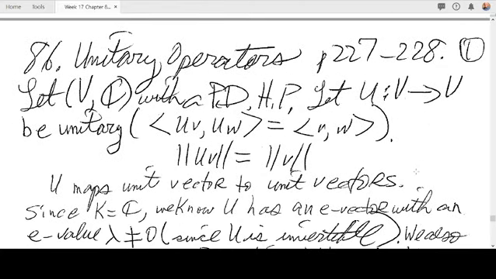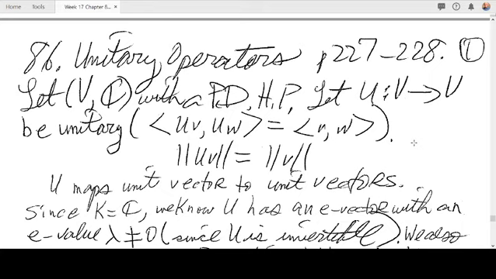In 8.6, we look at unitary operators one more time in the context of eigenvalues and eigenvectors. This is on page 227 and 228. Let V be a vector space over the complex numbers with a positive definite Hermitian product. Let U be a unitary operator.